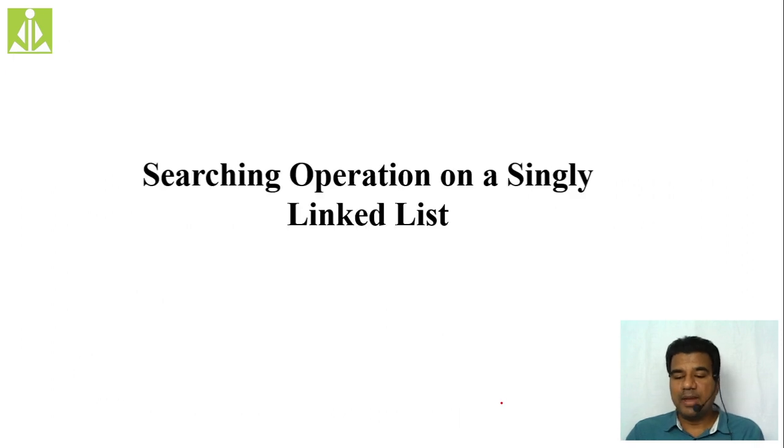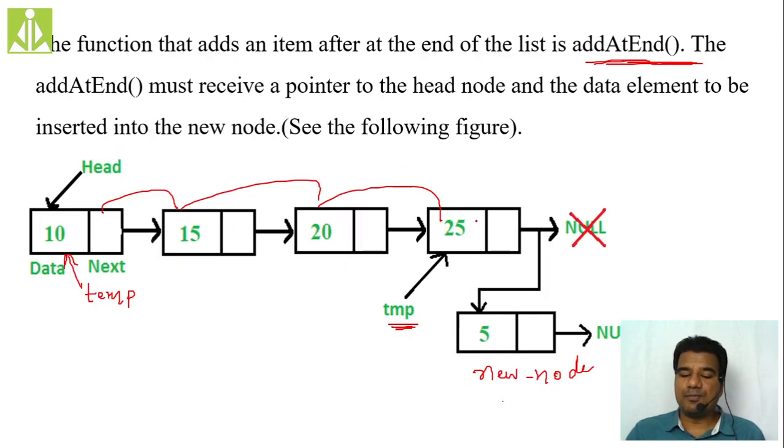If you maintain a pointer at the end node, at the last node, as part of your singly linked list, like how we are maintaining the head pointer, if you maintain a pointer with the name tail, then we can insert a new node at the end location in order of 1 only, because there is no need to move the temporary pointer from the head node to the last node.